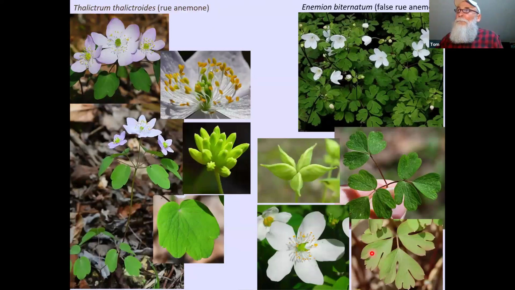Then the next spring ones are going to be ruin enemy and false ruin enemy, two species that look a little bit alike. Both of them in the buttercup family, but different genera, of course. So what's happening in ruin enemy is kind of complicated. We look at this and we think there are 6 whorled leaves here. But technically speaking, those are not leaves.